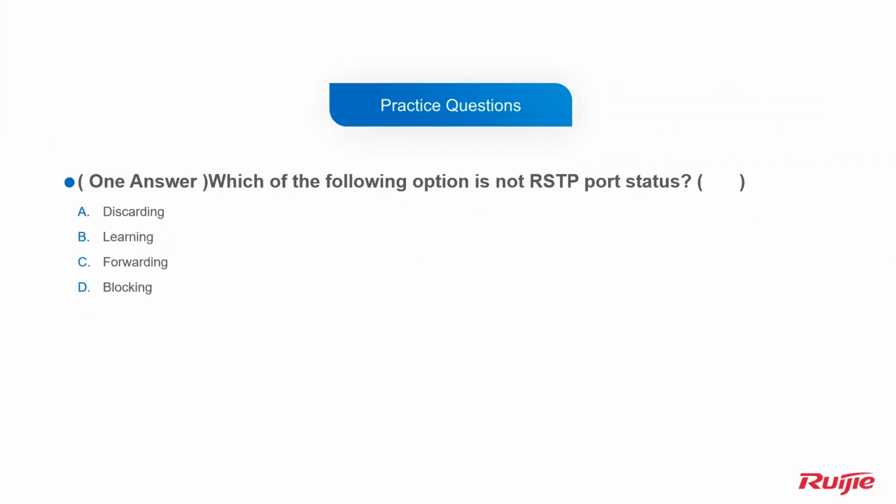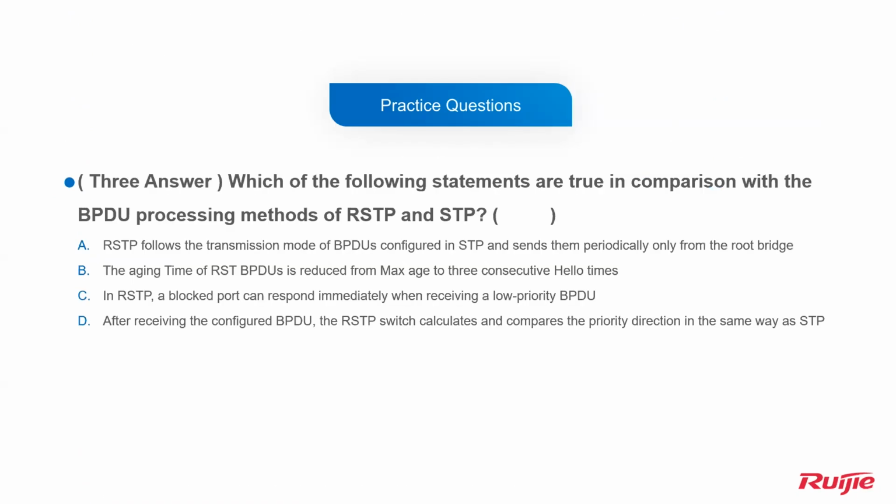Okay, before that, let's see the questions. Which of the following options is not an RSTP port status? Discarding, learning, forwarding, blocking. Obviously, we choose blocking. And next, which of the following statements are true in comparison of the BPDU processing method of RSTP and STP?